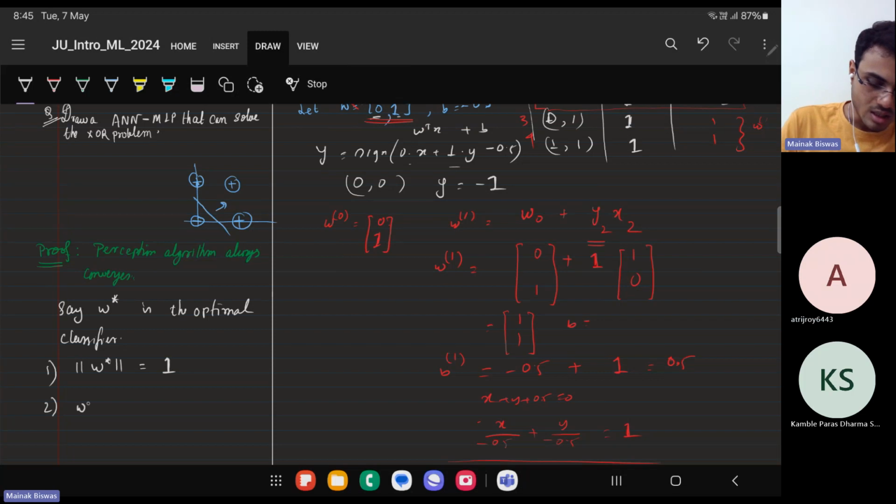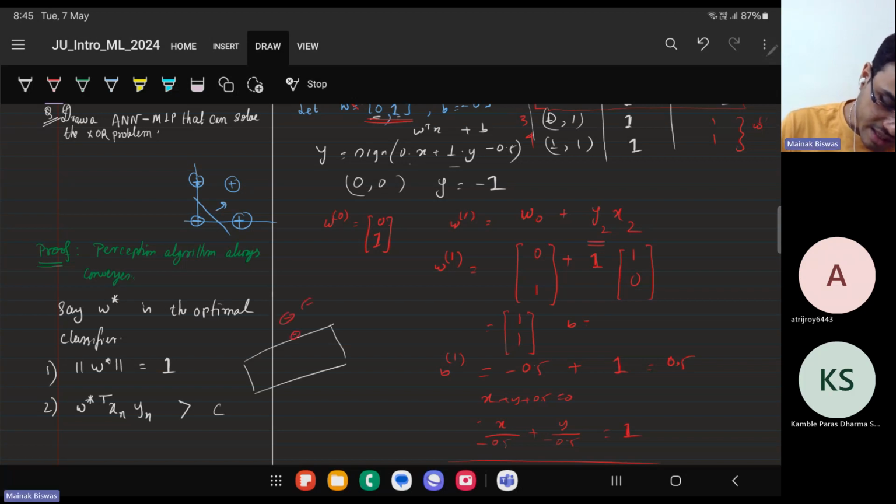Second property, W star transpose xn yn should be always greater than 0. And we'll just put a threshold, say C, because all the positive points will be categorized on one side, and all the negative points on another side.